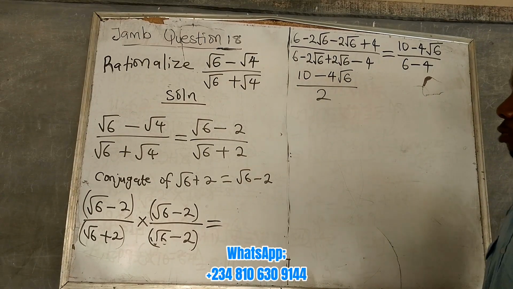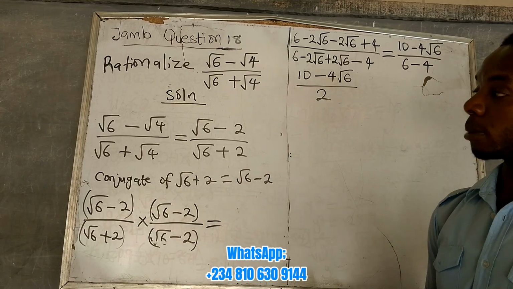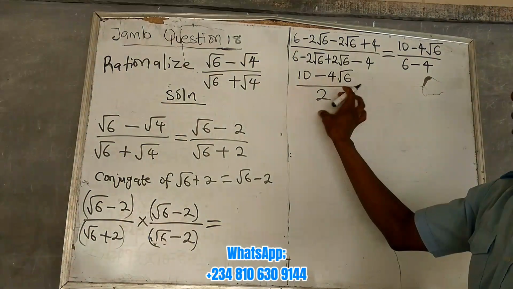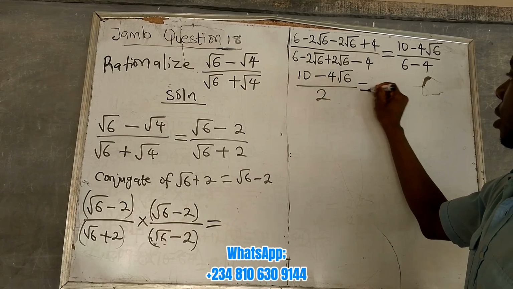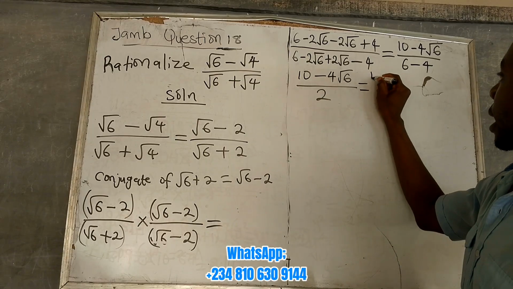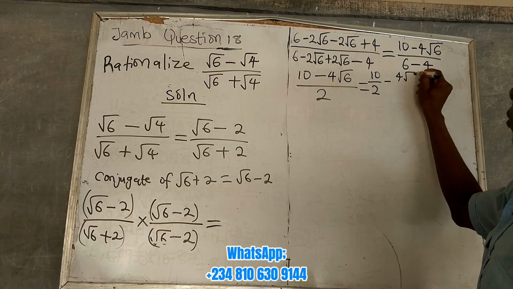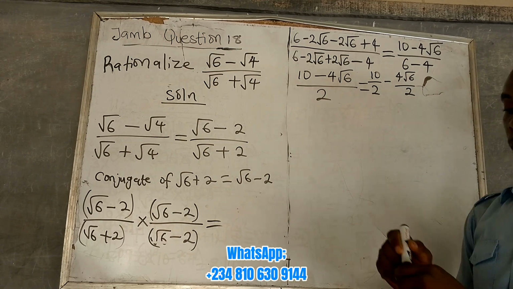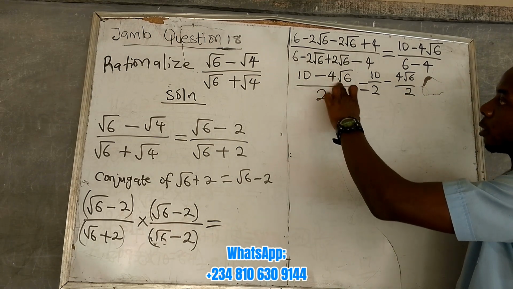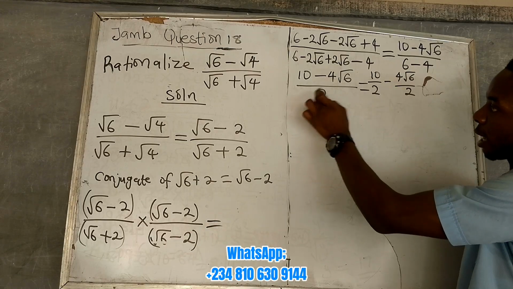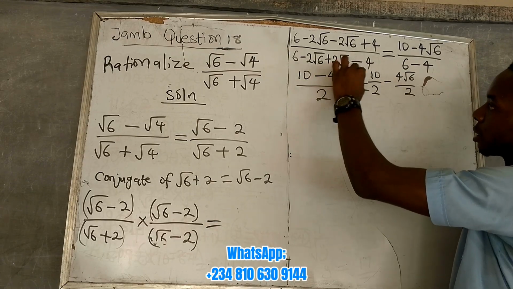Now, we're not through yet. We still need to simplify. This very thing that we got here can still be written as 10 over 2 minus 4 root 6 over 2, because all these things are over 2.